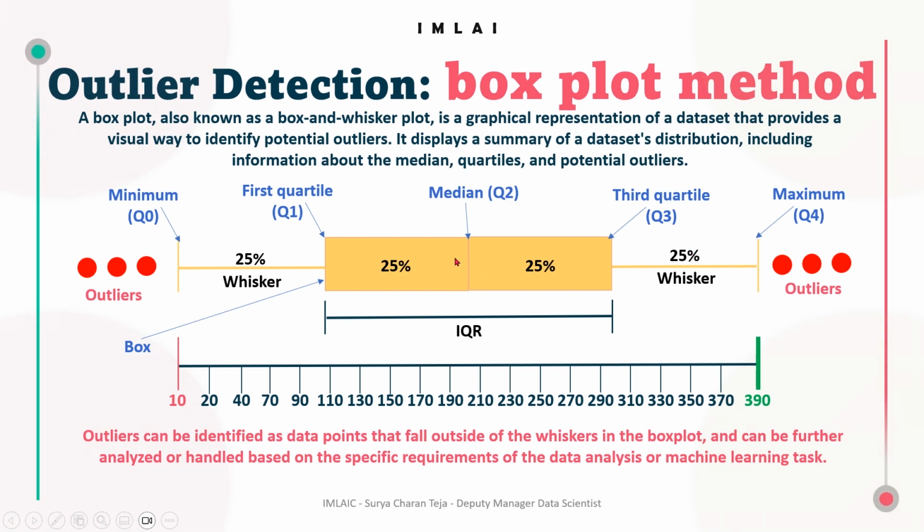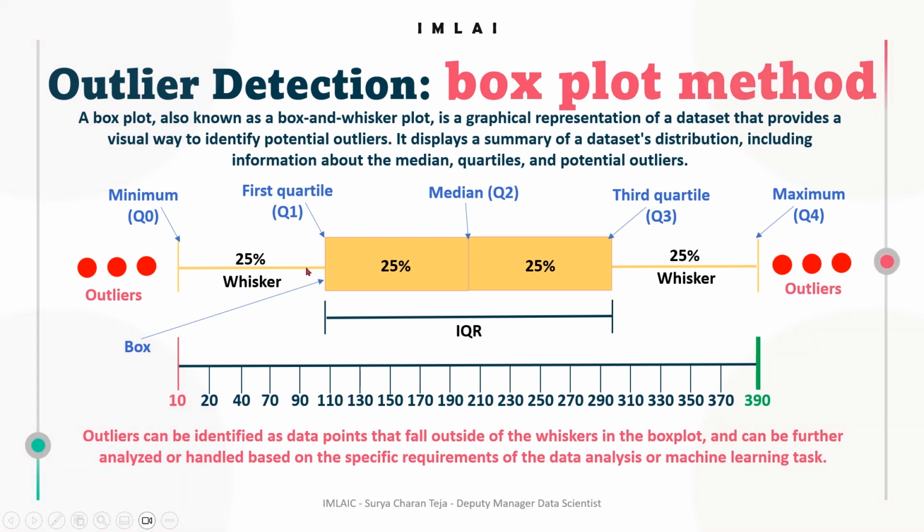Let's draw a vertical line inside the box. This vertical line divides the data into two halves, with 50% of the data lying on the left side of this center line and the other 50% on the right side. That's why it's called the median.